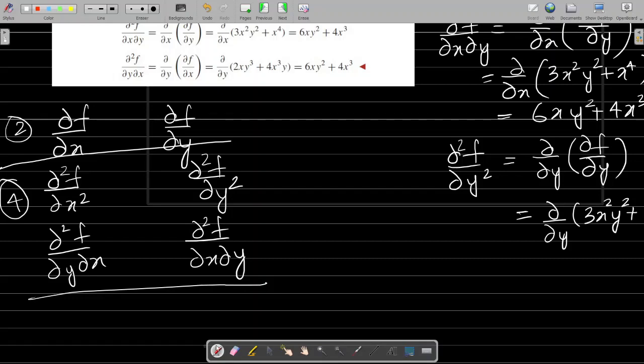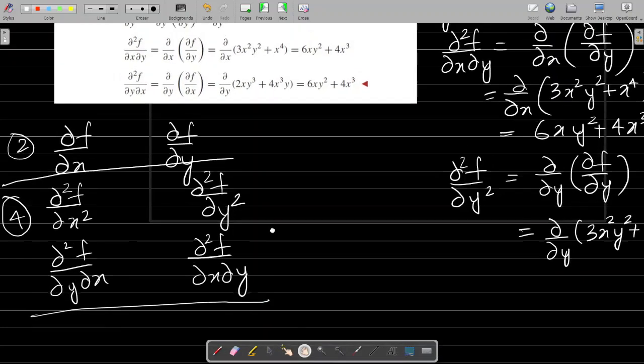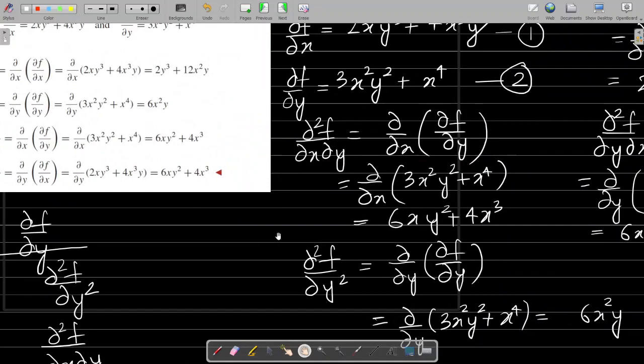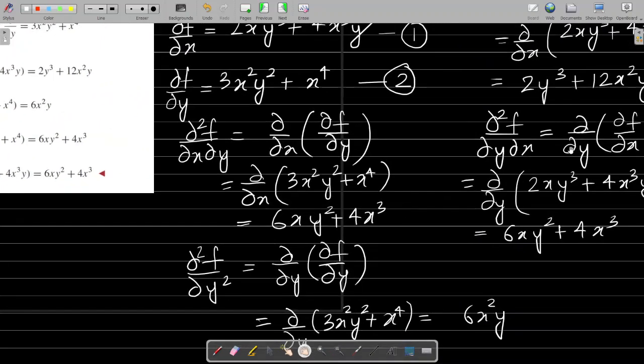Now if you look at this a little more closely, you can see ∂²f/∂x∂y is 6xy² + 4x³, and ∂²f/∂y∂x is again 6xy² + 4x³. These two answers are the same. That is not a coincidence. It happens for continuous functions.